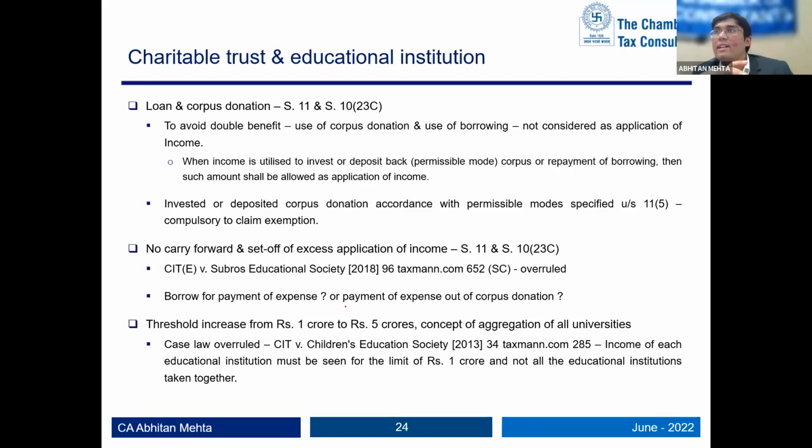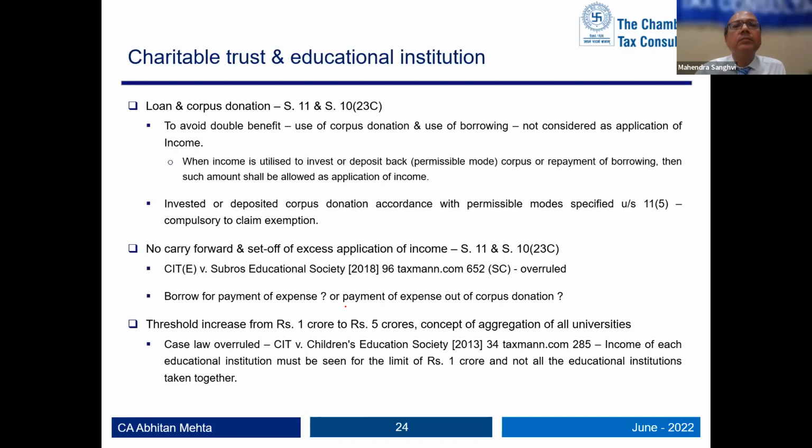It would be considered as application of income whenever your normal voluntary contribution or your income of the charitable trust is applied for repayment of borrowing, or the corpus funds which were used are replenished by using your application of income. For example, you have received a corpus donation of 10 crores, you are making a building.